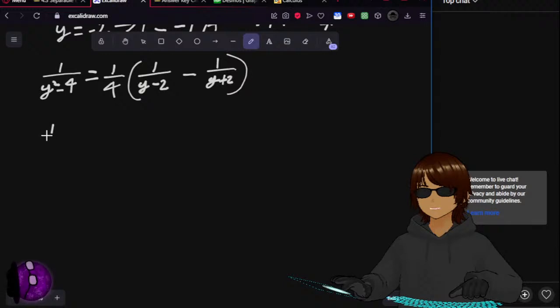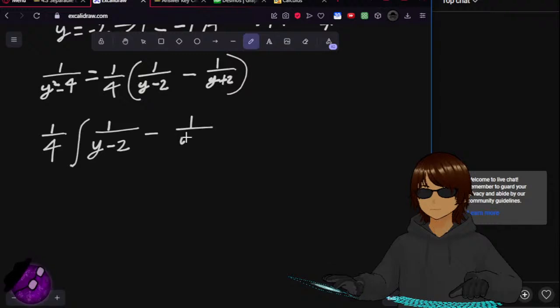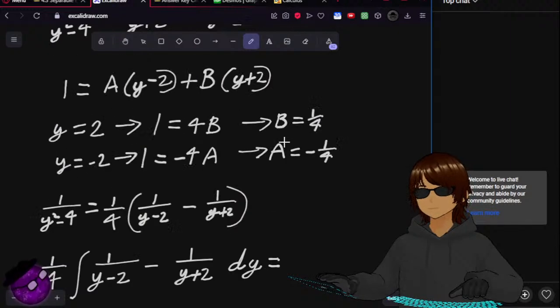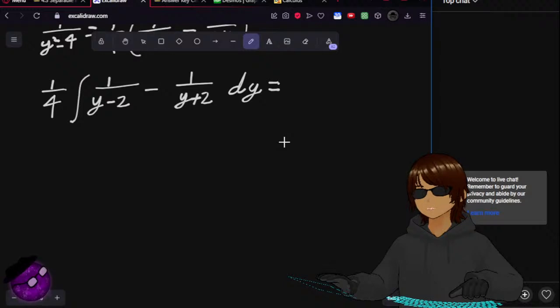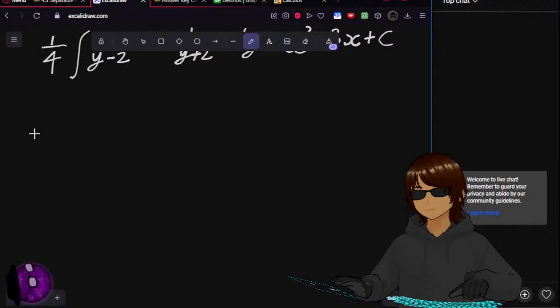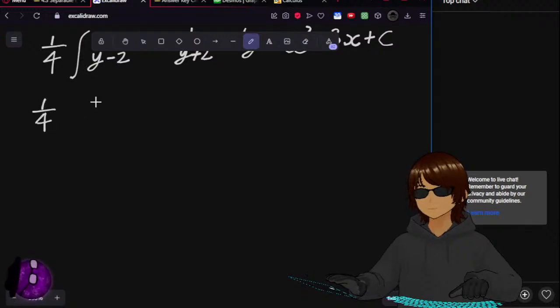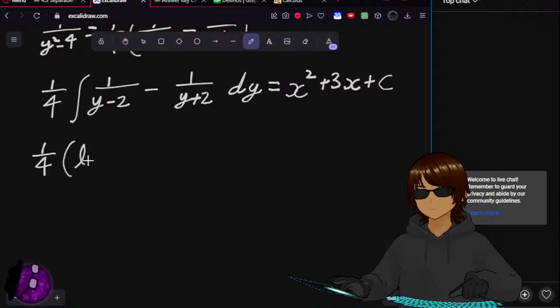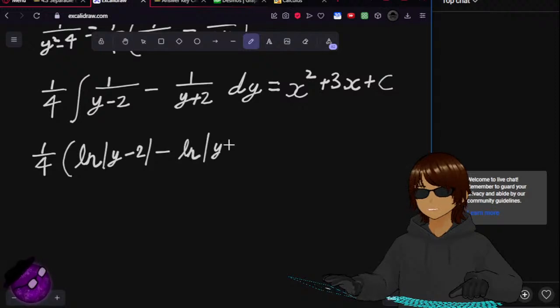Then going back to our integration, x squared plus 3x plus c. Ln of y minus 2 minus ln of y plus 2.